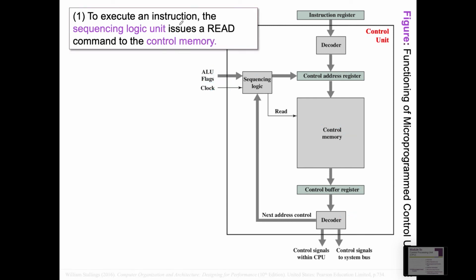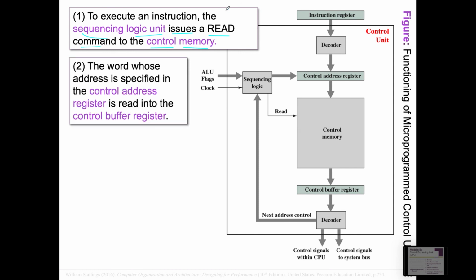To execute an instruction, the sequencing logic unit issues a read command to the control memory. The word whose address is specified in the control address register is read into the control buffer register.